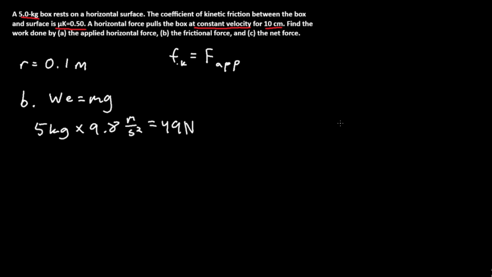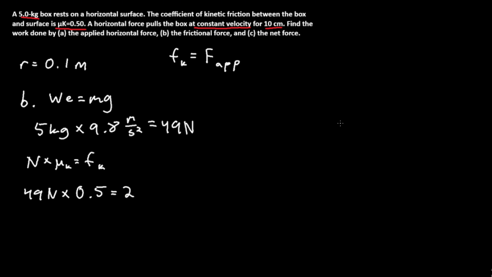And in order to find our frictional force, we just need to multiply our coefficient of kinetic friction by the normal force. So we have our normal force, 49 newtons, and our coefficient of kinetic friction, 0.5.